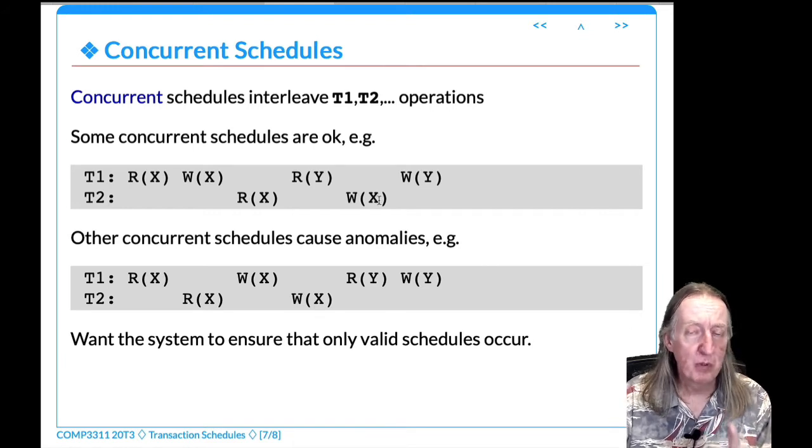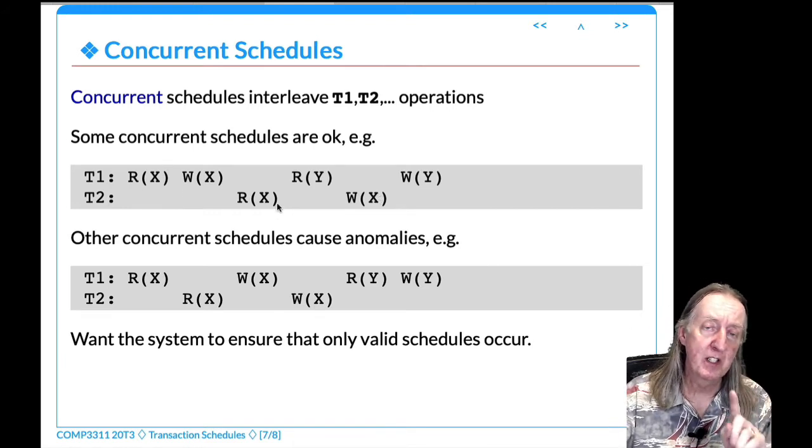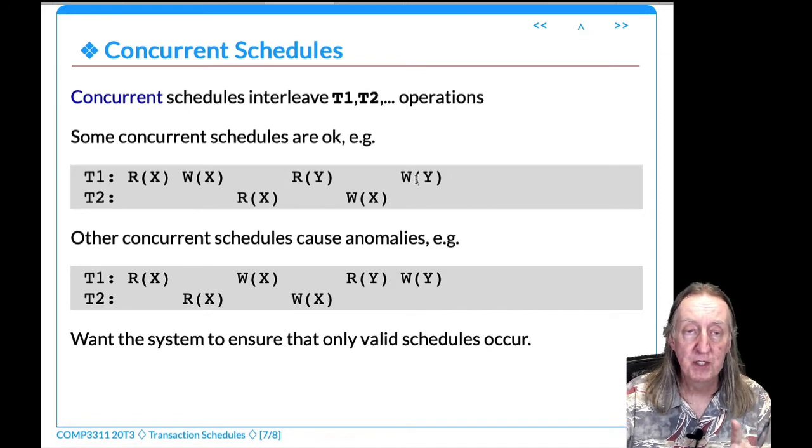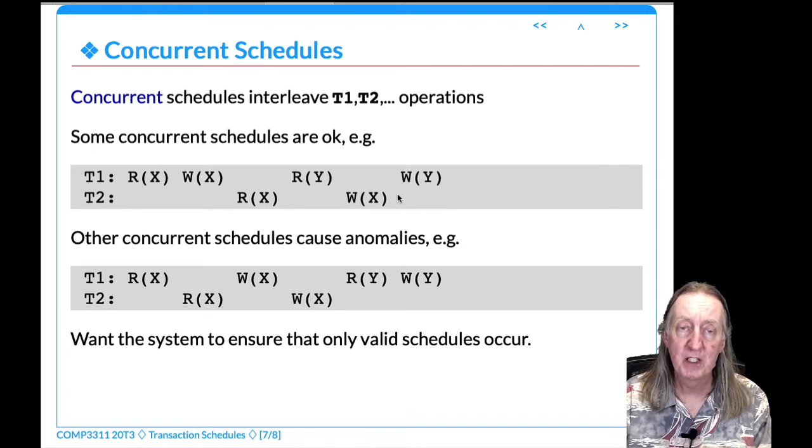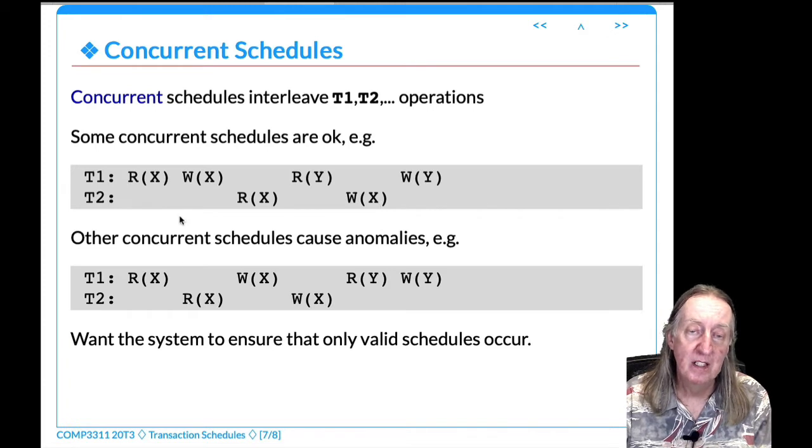So that's an important notion, that this concurrent schedule produces the same effect as a serial schedule, and that property is called serializability. I'll talk about that on the next slide. Or no, we won't. We'll talk about it in the next video.